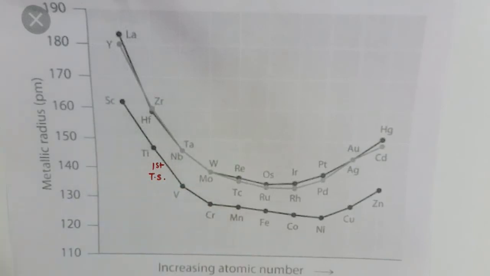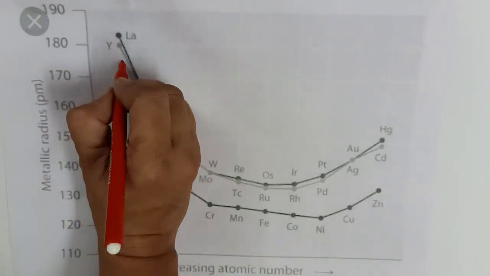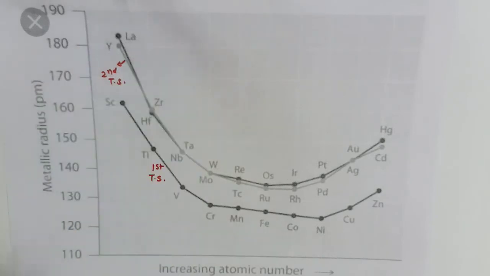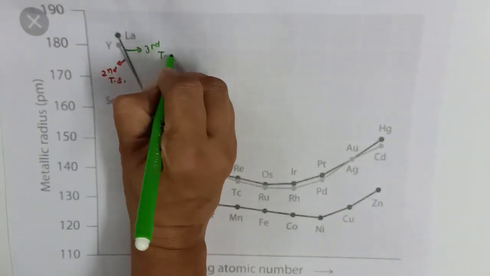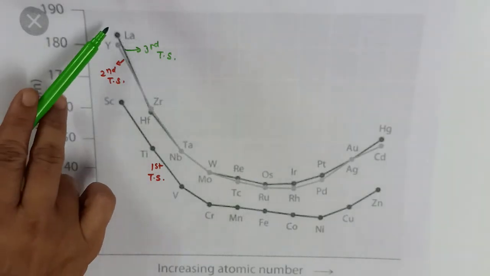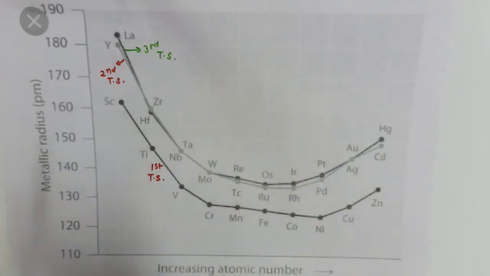Okay. Now for the second and third transition series, this one from yttrium is the second transition series graph. And for lanthanum, this is the third transition series graph. They will also follow the same trend. First of all, normal decrease, then near about constant, and then increase.